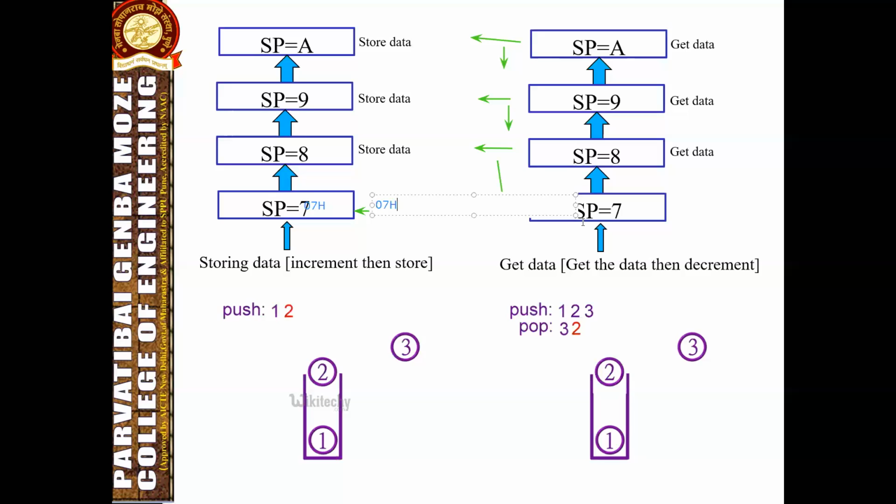It is because the locations from 20H to 2FH of the RAM are reserved for bit addressable memory and cannot be used by the stack. So normally memory locations 08H to 1FH are used as stack.